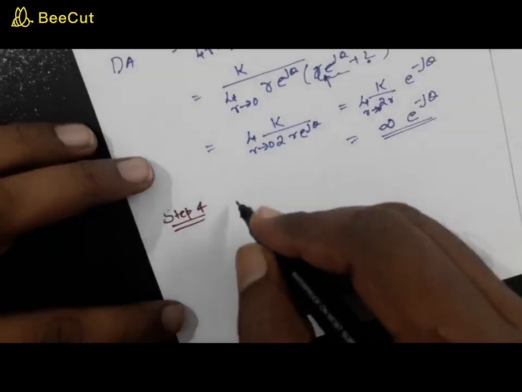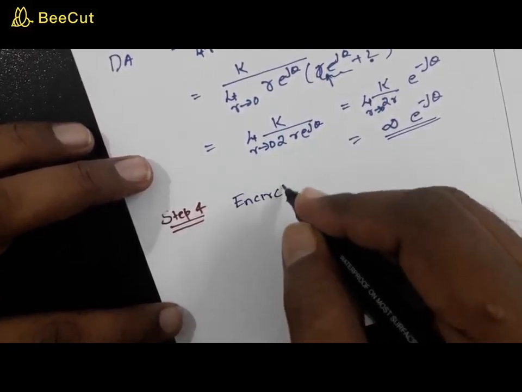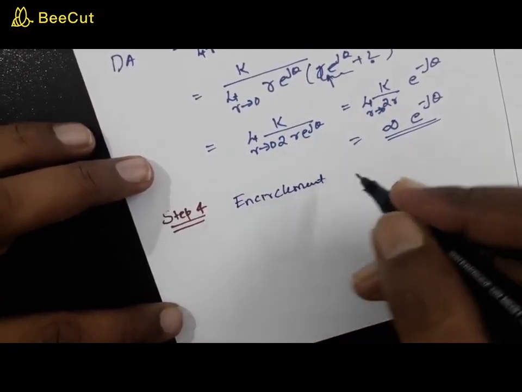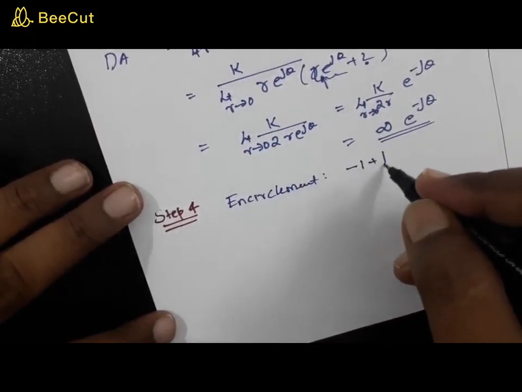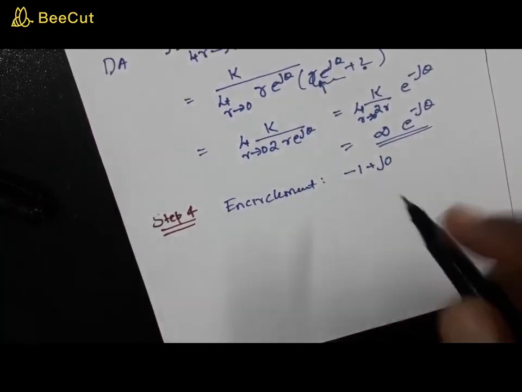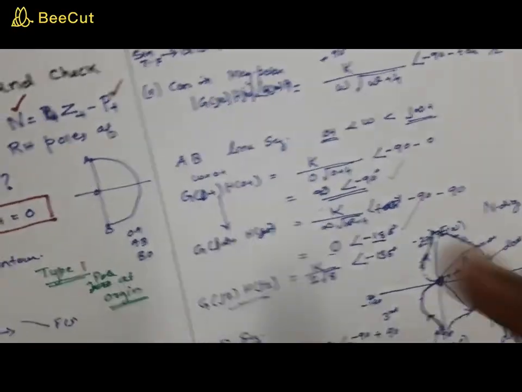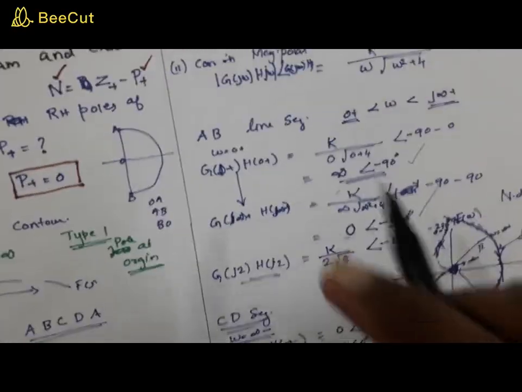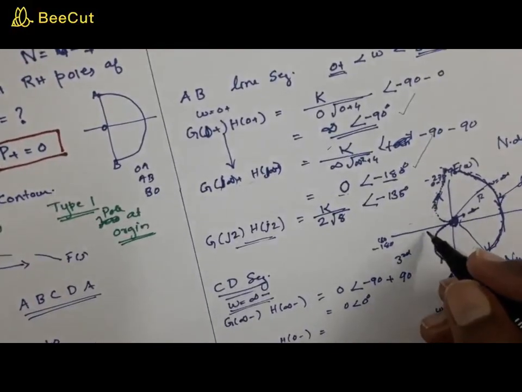Now step 4 is, after obtaining the Nyquist diagram, find out the encirclement at minus 1 plus j0. That's what the Nyquist criterion says. The Nyquist criterion is concerned with minus 1 plus j0 because we have drawn this for GSHs, but we want the plot to represent 1 plus GSHs. So the origin has to be moved over here.